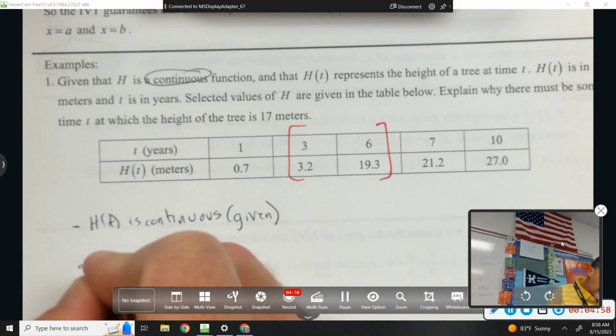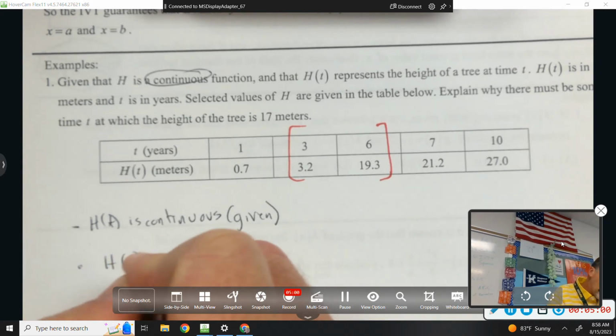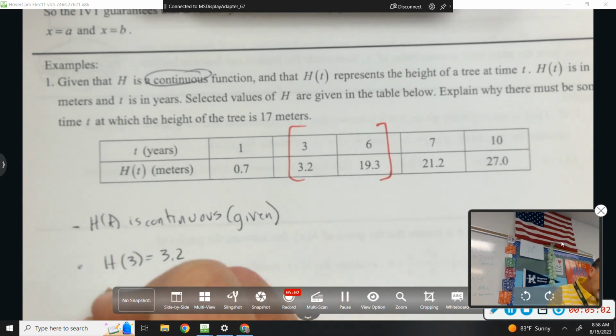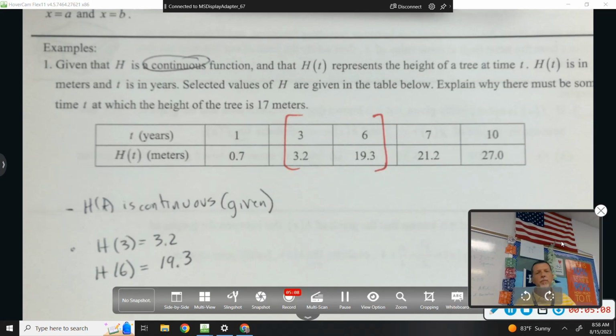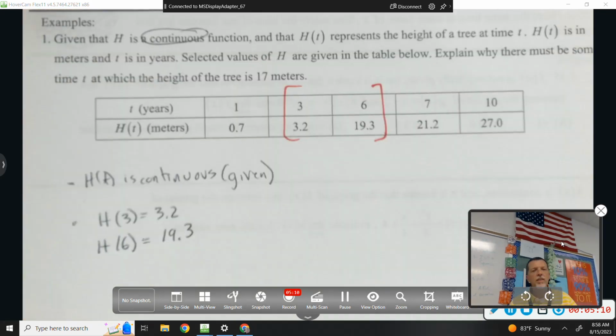So let's say that h of 3 is 3.2. H of 6 is 19.3. Sometimes this feels tedious. Like, of course it works. But what do I need to say to prove that it works or show that it works?